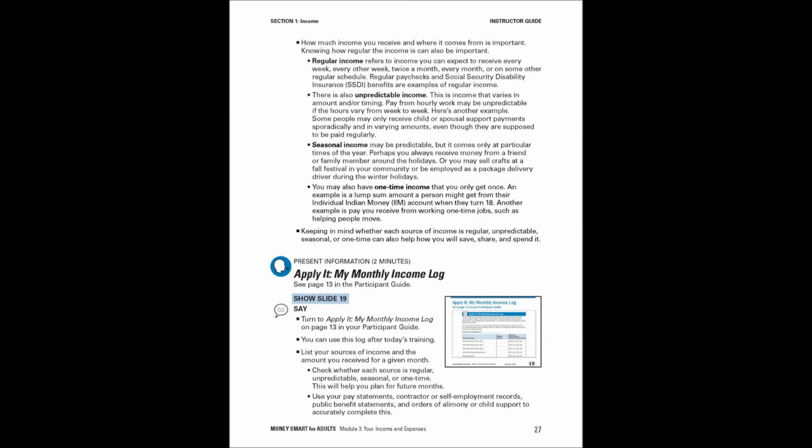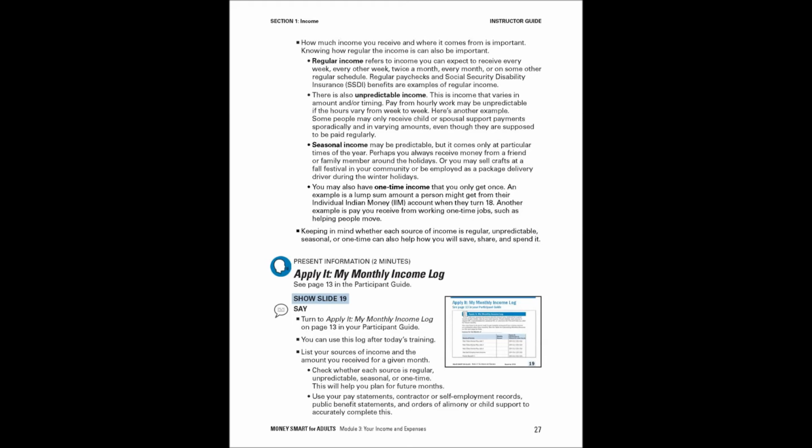And so you want to give them the descriptions that's listed here in your instructor guide of what each of those are, because you're going to lead them into the next activity, the Apply It, My Monthly Income Log, where they're going to have an opportunity to do just that with their own income information.